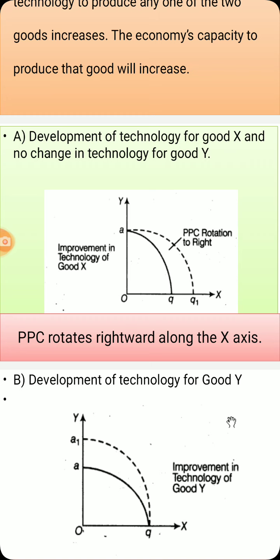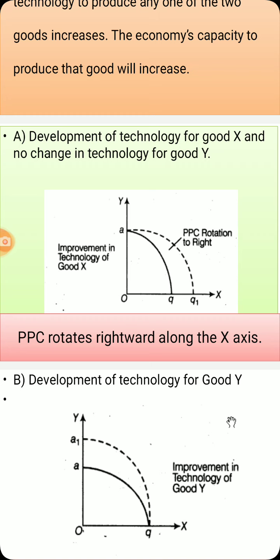In this case, we are producing two goods, good X and good Y, and the better technology which we are getting is for the production of good X only, and there is no change in technology of good Y. So you can see the production possibility curve would mean more production of good X with the same resources.